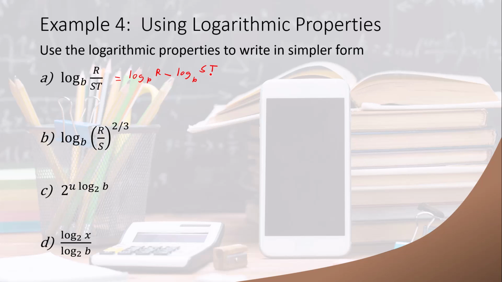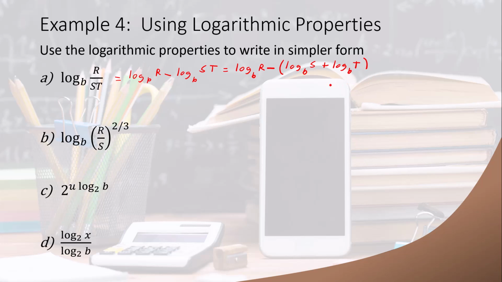Now we can still apply the product property here, and if we do, we will have the log base b of r minus the quantity log base b of s plus the log base b of t.